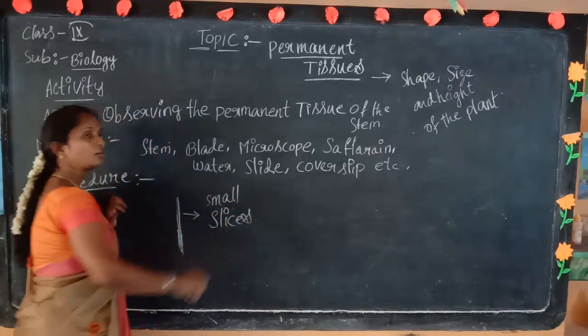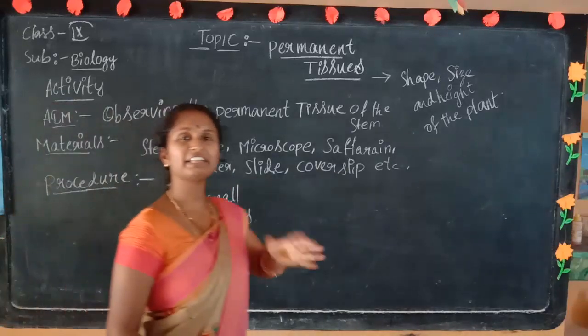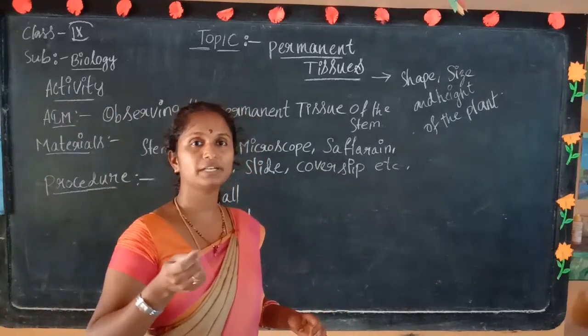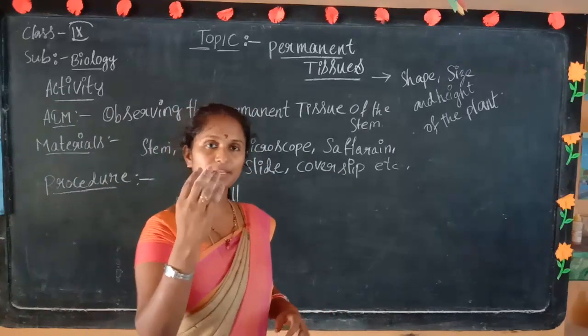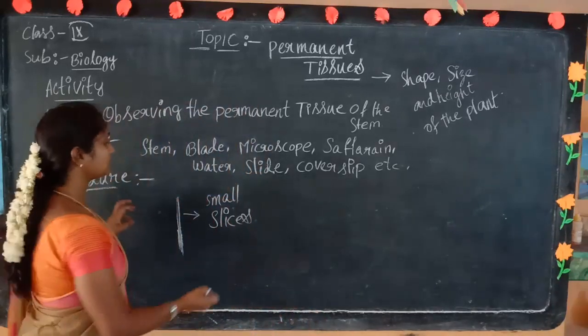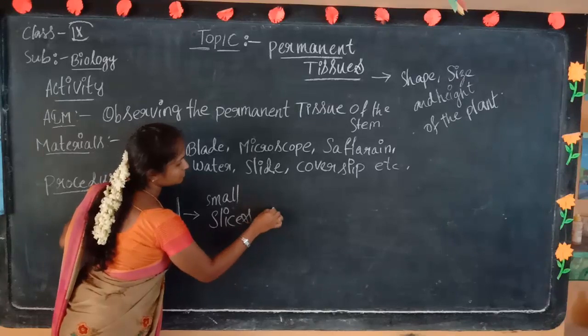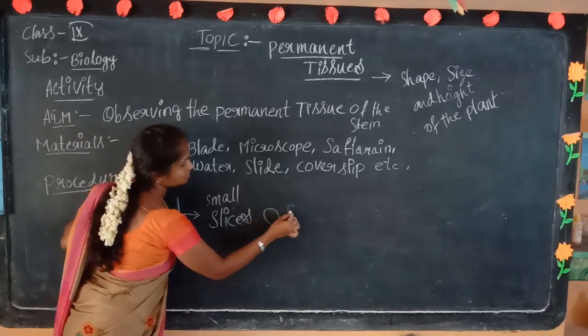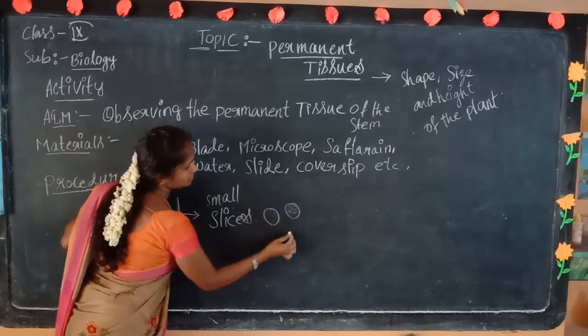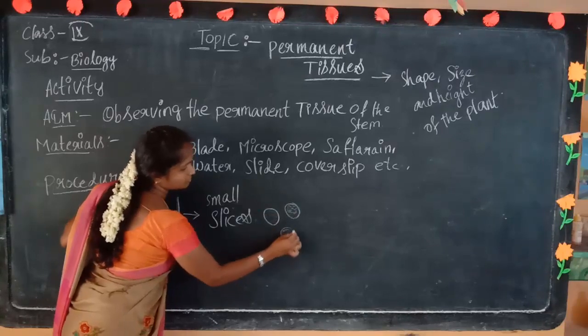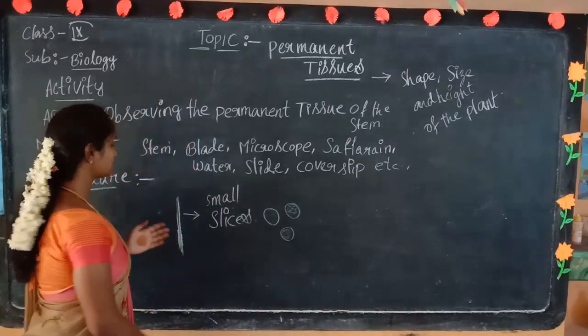How are onion slices cut very thin? They look transparent. When you see them, they are observed as transparent. Like that, very small. These are the small slices.